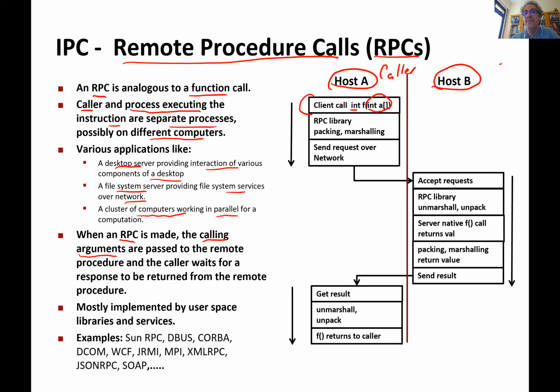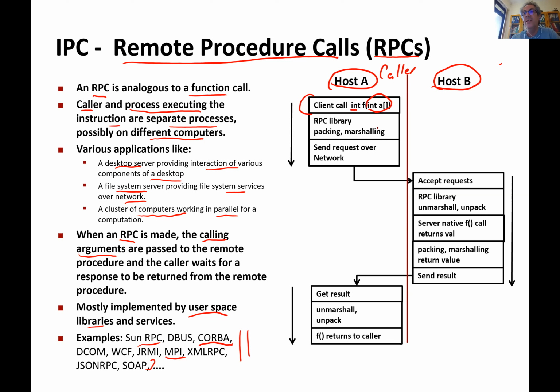Then when you make this basic function call, there are a number of user space libraries, like Sun RPC, CORBA, or MPI, these are really huge libraries, or SOAP here, okay? What they do is they need to do some extra things so that you can call the function on another machine.